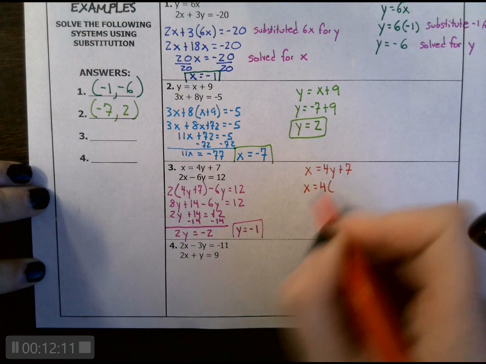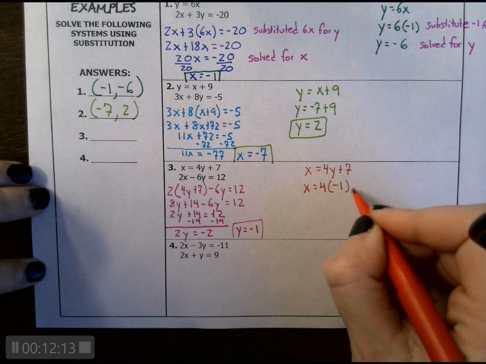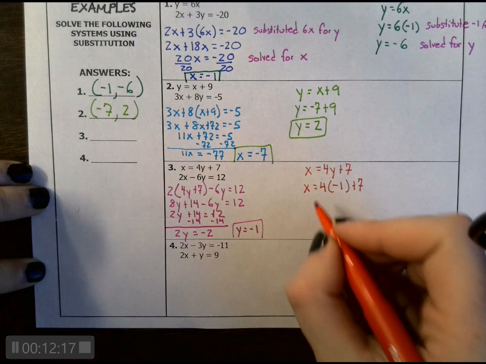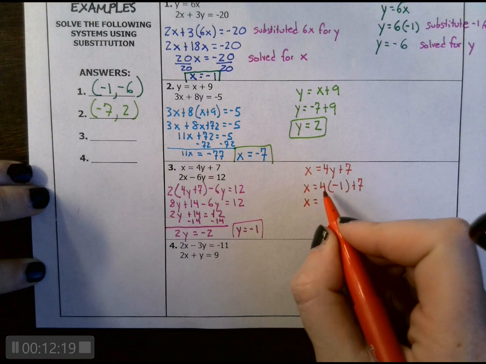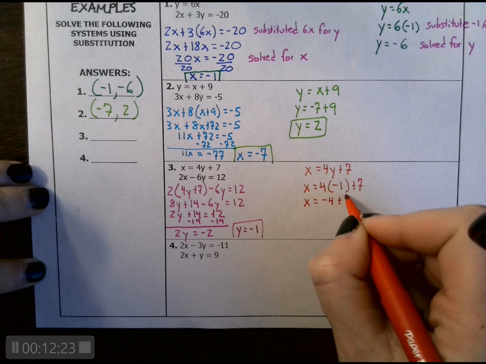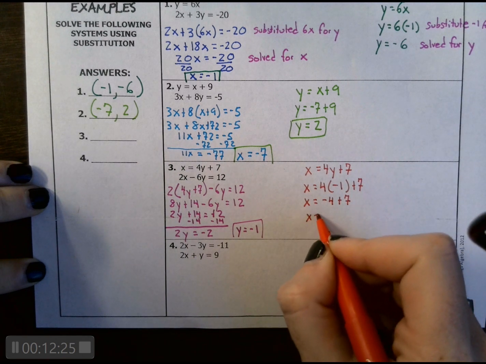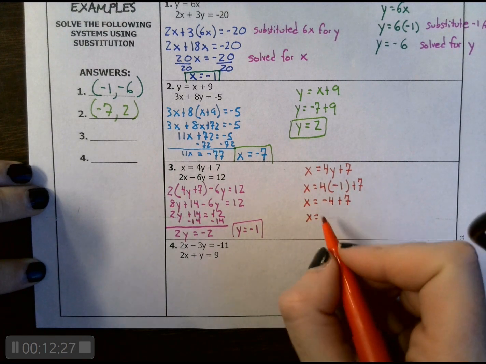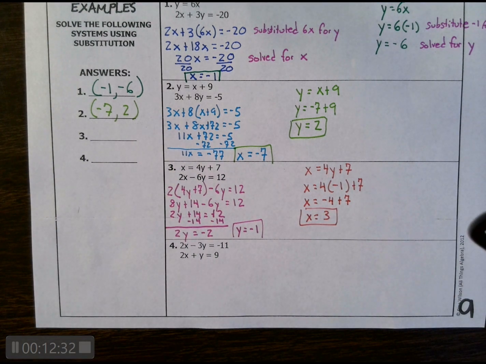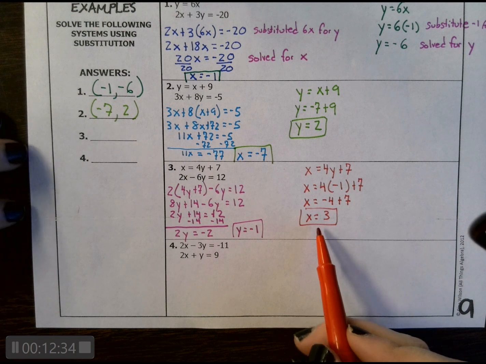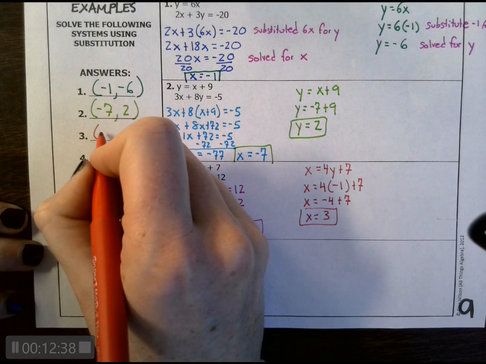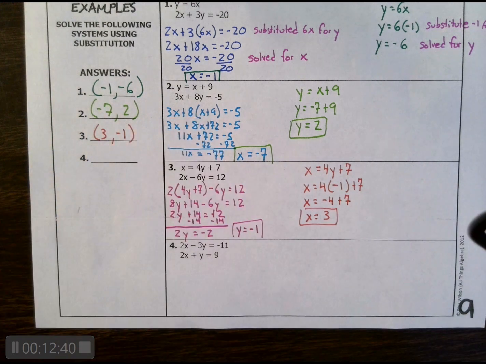So x equals 4 times negative 1 plus 7. Now solve for x. So x equals 4 times negative 1 gives us negative 4 plus 7. Negative 4 plus 7 gives us positive 3. And so now we have our coordinate point of 3, negative 1. Because remember, x always comes before y.